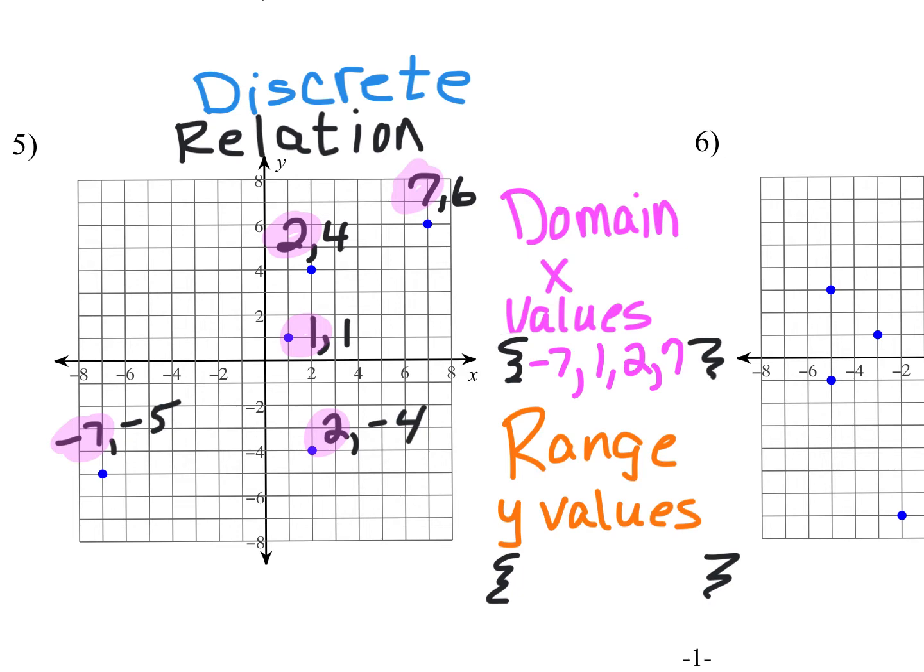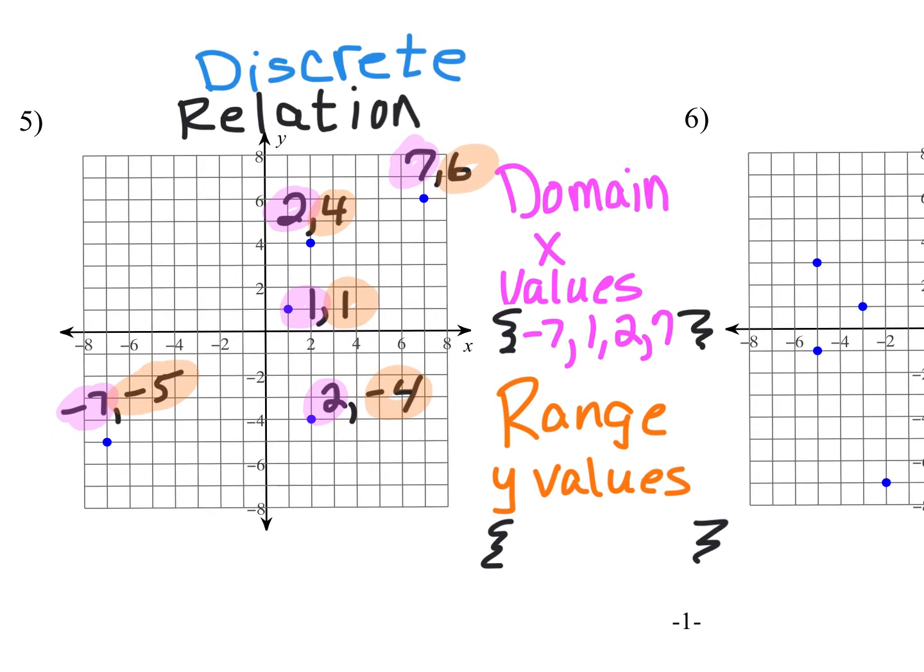Now I'm going to do the same thing for the range. I highlighted all of my y values to make it easier to see, and I'm going to write them in order from least to greatest. So -5, then -4, and then 1, 4, and 6. I didn't have anything that repeated, so I just wrote all of them out, and yikes, that bracket is really terrible.